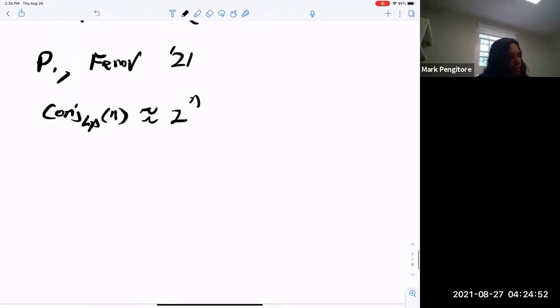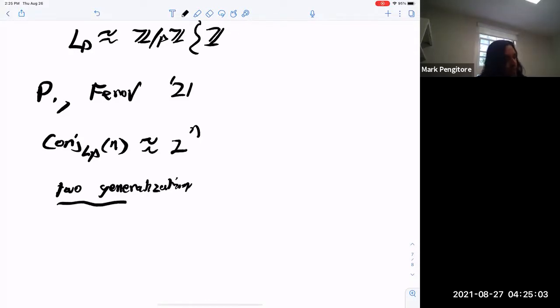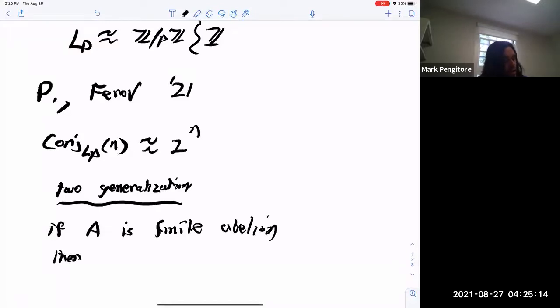In fact, we can generalize this. There are two generalizations we can do. Generalization 1: if A is finite abelian, then conj of A wreath Z grows like 2 to the n.